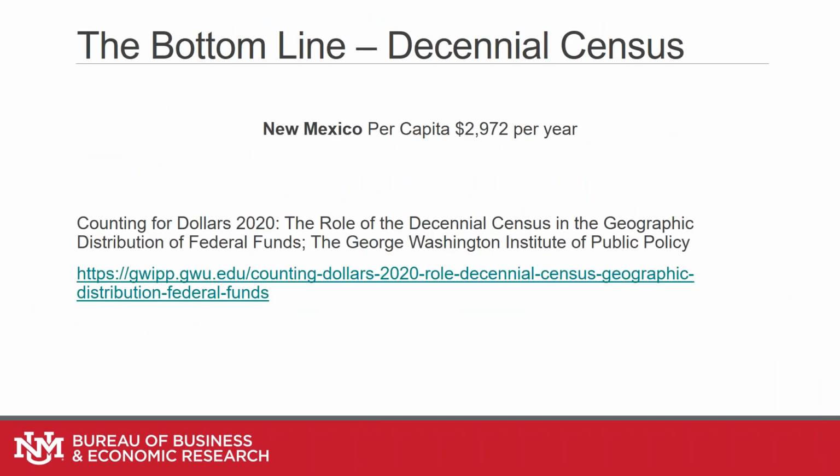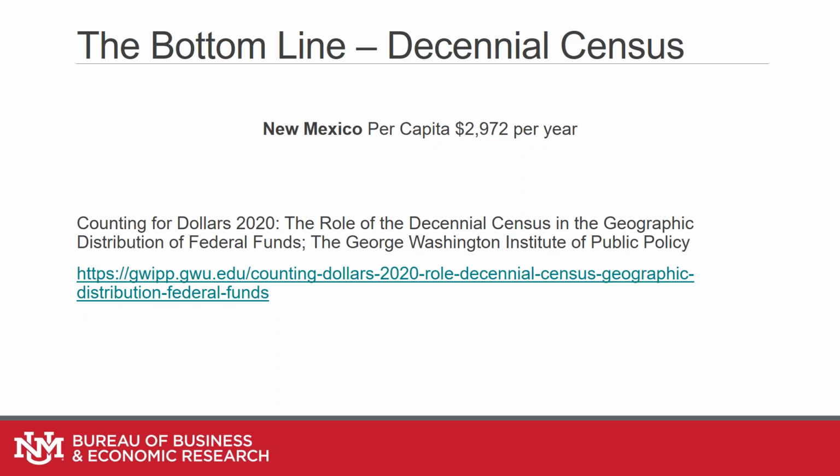You bet. The George Washington University recently put out a publication where they researched, based on 16 of the large federal assistance programs, how much money per state is doled out. These programs use population as part of the funding formula.